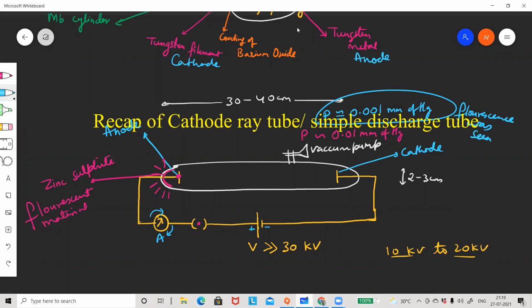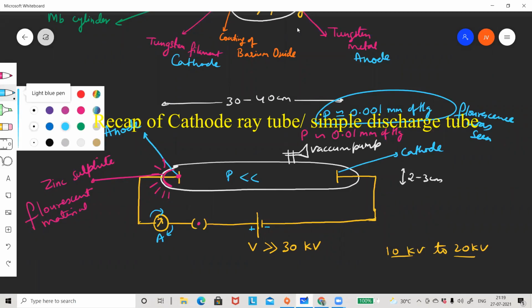Its meaning is when gas pressure is less, fluorescence was seen. So first, whatever be the air pressure, the ammeter was reading. Number two, when the pressure was less, then fluorescence was seen.